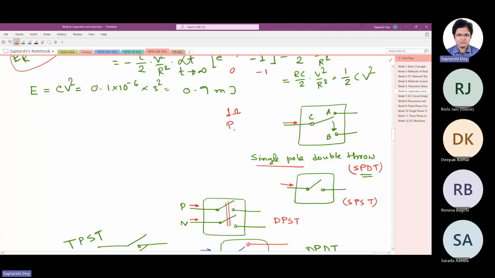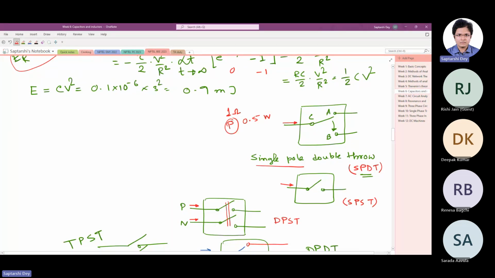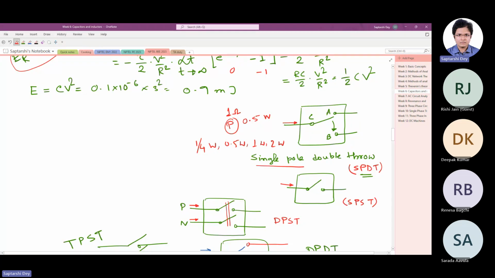Say it's 1 ohm and you find out that the power loss is 0.5 watt. Then you go to the shop and you have to ask for a 1 ohm half watt resistor. Available powers are quarter watt, half watt, 1 watt, 2 watt, and I think higher ones are also there. These are carbon resistors I'm talking about.